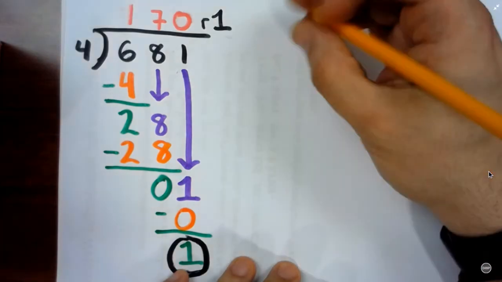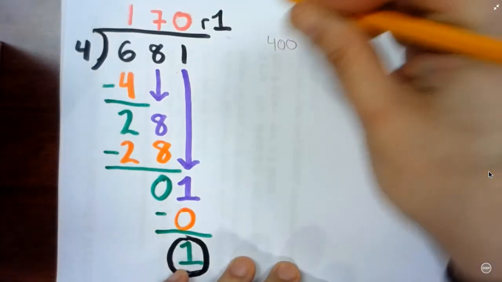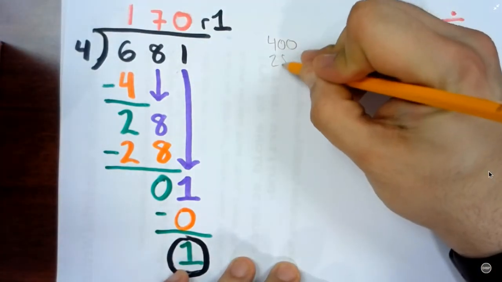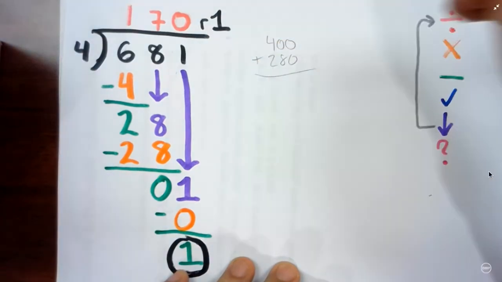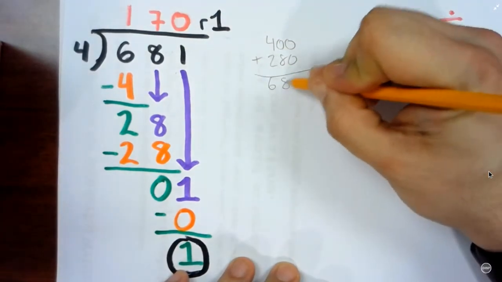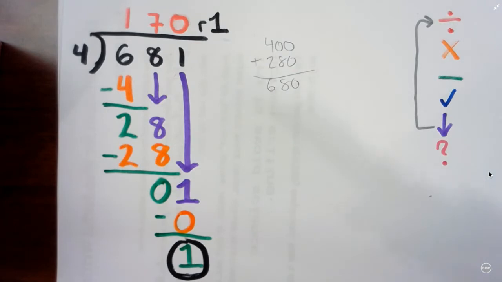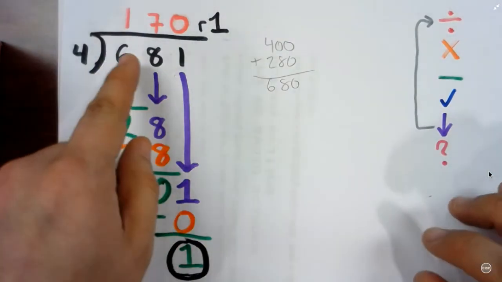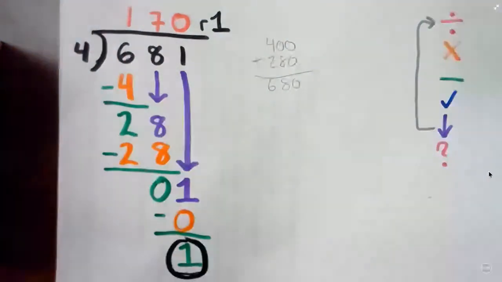And if I just draw this out, I've got 400. 70 times 4 is 280. 400 plus 280 is 680. That's showing me that my answer of 170 is definitely reasonable because look, 680, 681, there's my 1 difference right there. Shows me that my answer is reasonable.